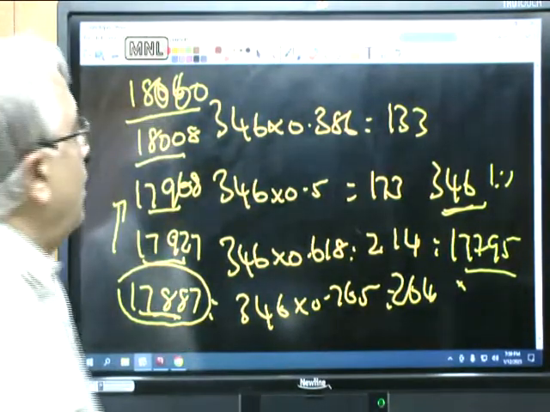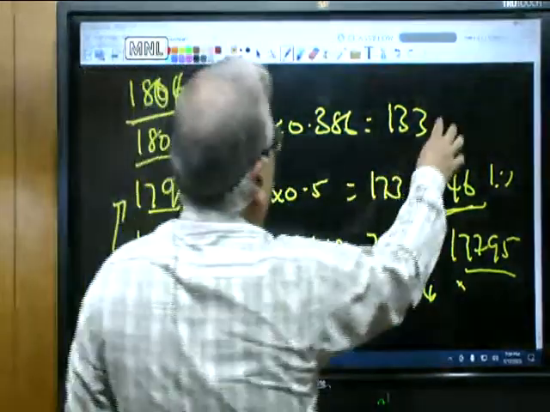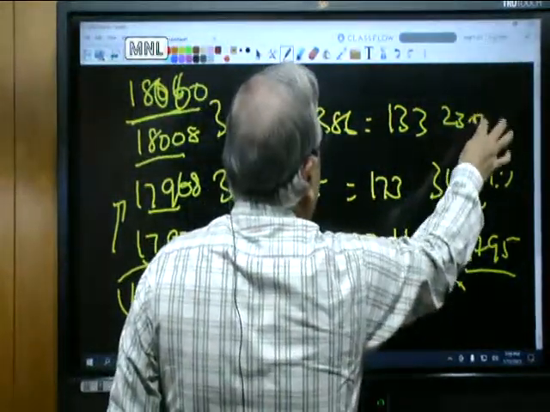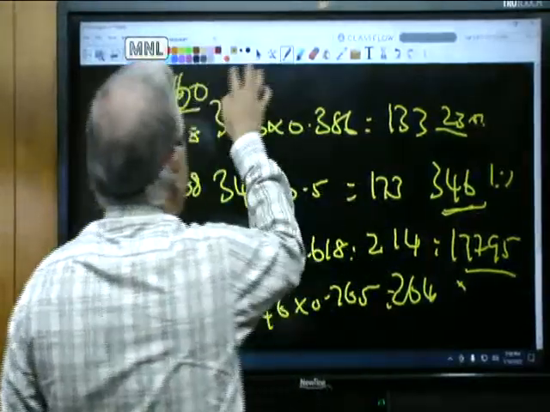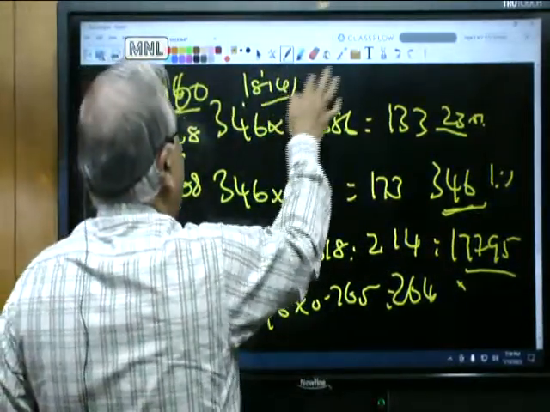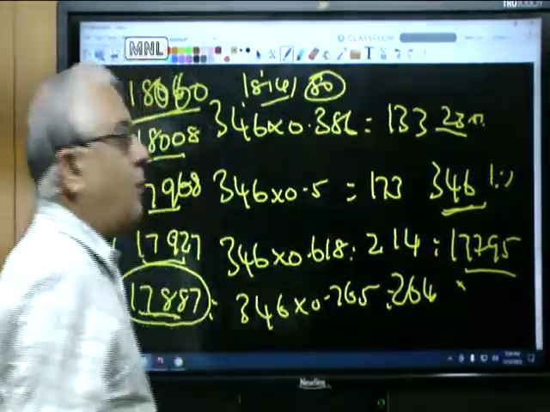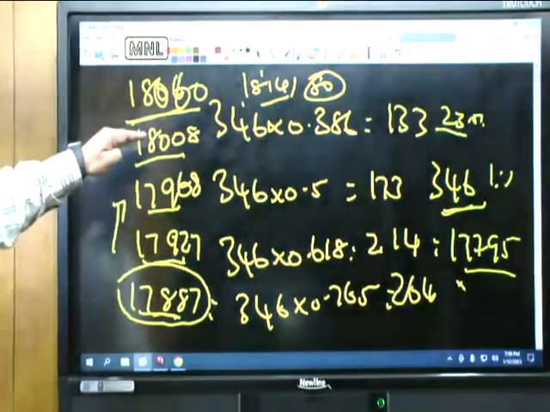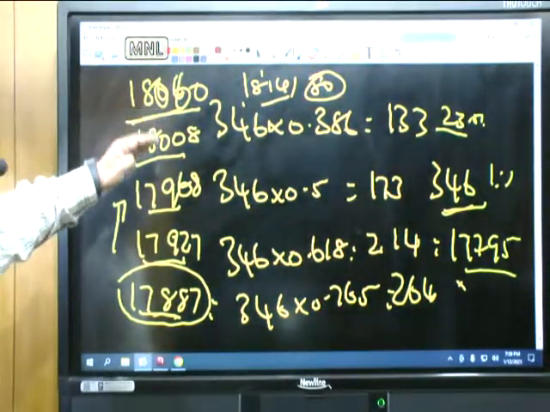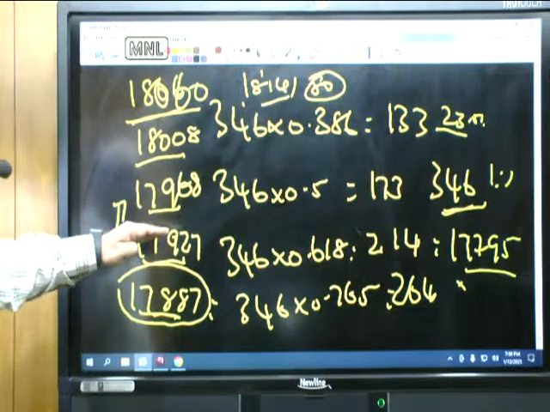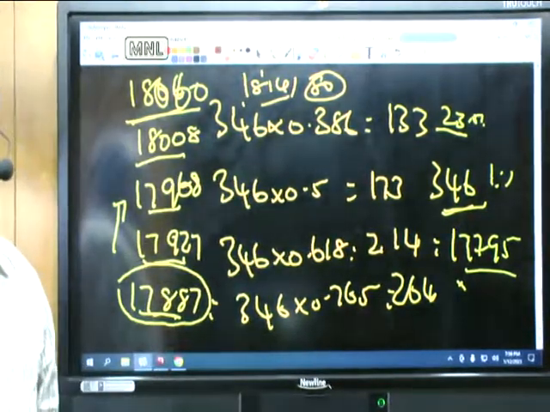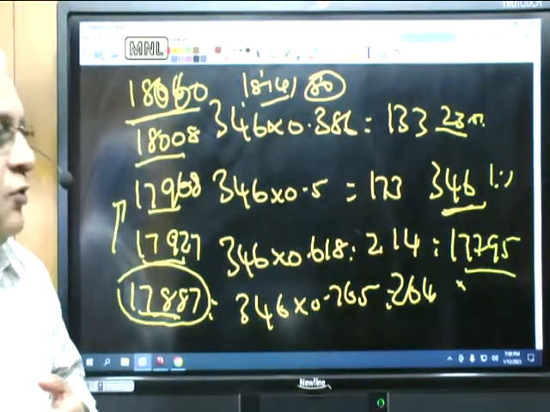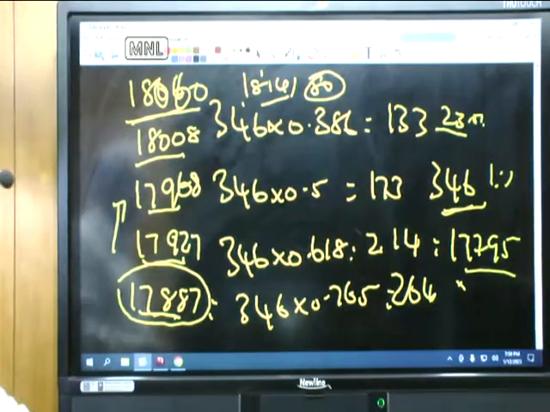See, 18,060, the 23.5% retracement was 80 points, right? So this was the first 80 points. You can always keep 80 points as a stop loss, because the first trade that we initiated was around 80 points, right? Once it starts to cut a certain level, you can keep around 80 points for the next move, and that is what has happened here also.